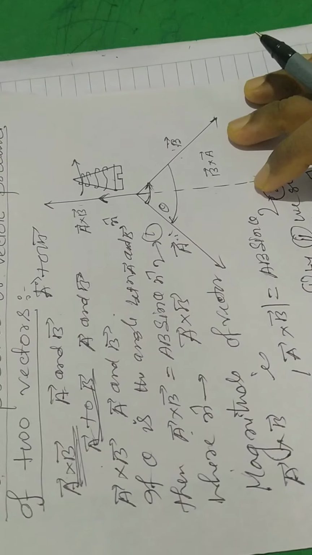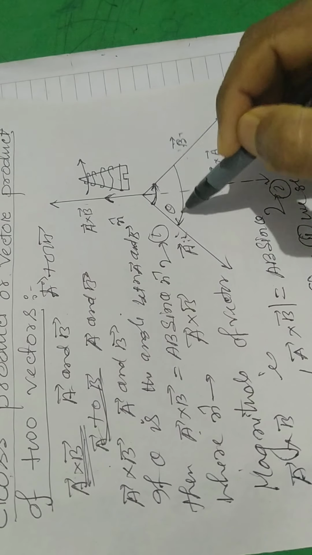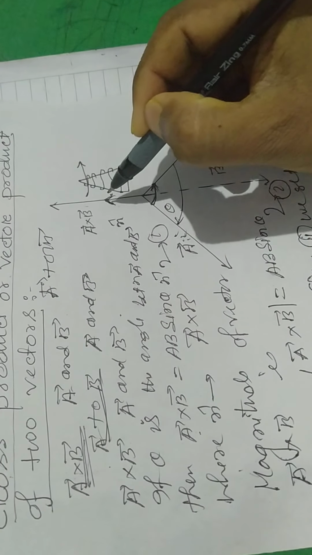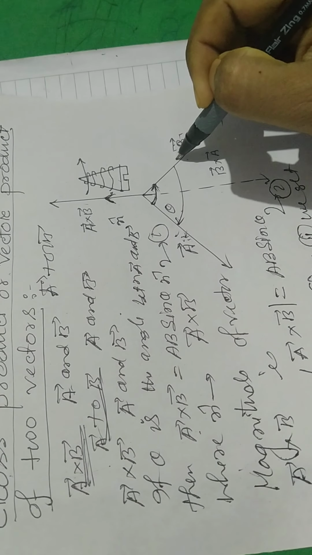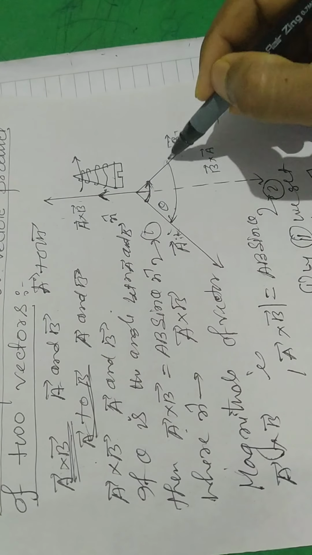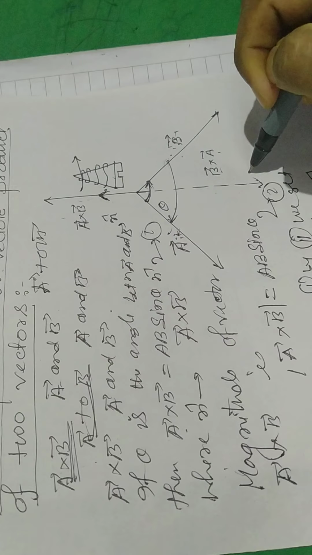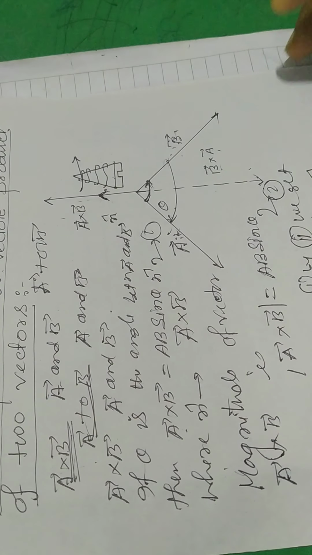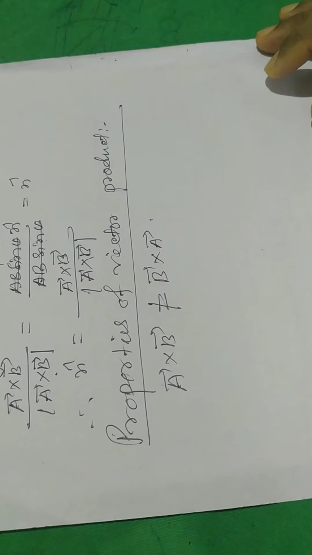If you see the diagram, when vector is rotated from A to B, its resultant is A cross B, which is perpendicular to A vector and B vector. When it is rotated from B to A, its direction changes, giving B cross A. Their magnitude is the same, but direction is opposite, so it does not obey commutative law.